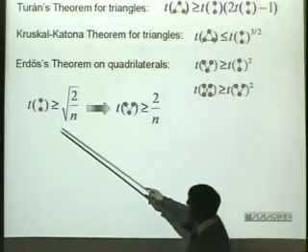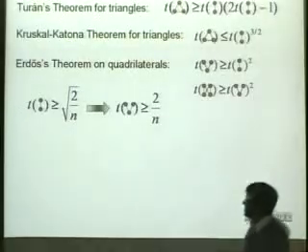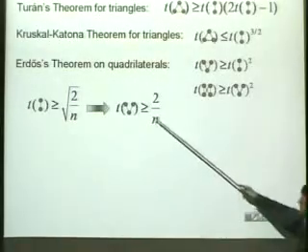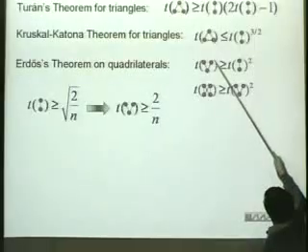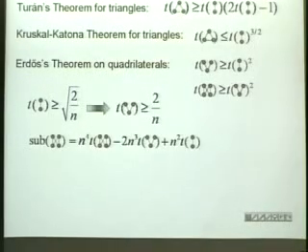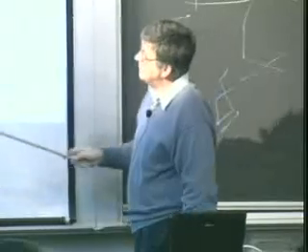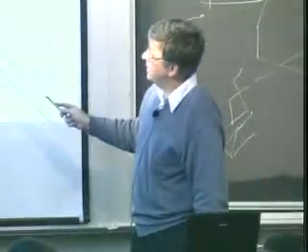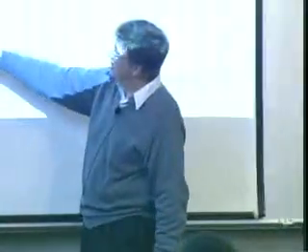So the edge density is greater than or equal to the square root of 2 over n. So the density of these by the first inequality is greater than or equal to 2 over n. And this is an identity we already had, on how to count.